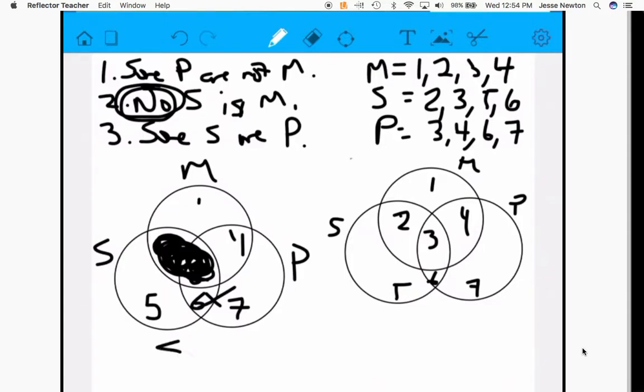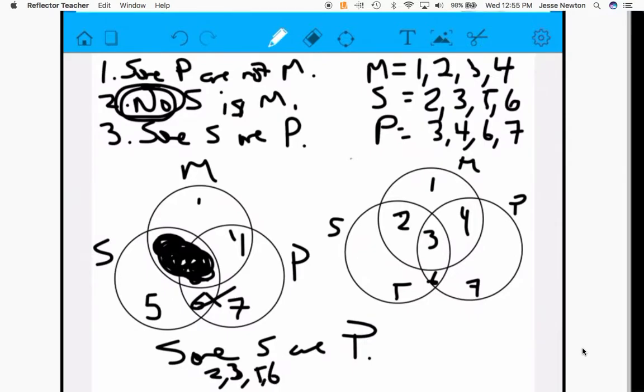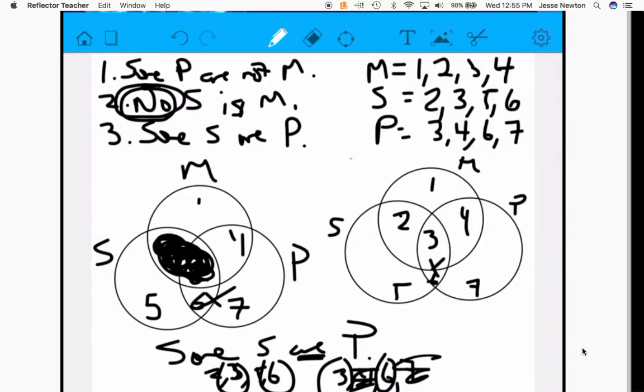All right, and the conclusion is some S are P. Now, I mean, you can kind of look at it and tell where the writing on the wall is, but anyways, we're going to just pretend like we can't. S is 2, 3, 5, and 6, and P is 3, 4, 6, and 7. Where do they overlap? 3, 3, 6, 6. Scribble that out, scribble that out. We're saying some are in 3 and 6, so we put an X right here.